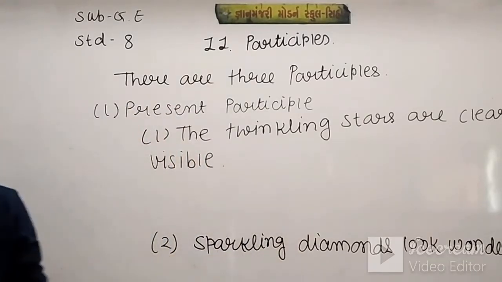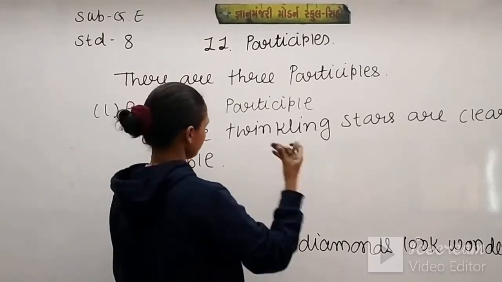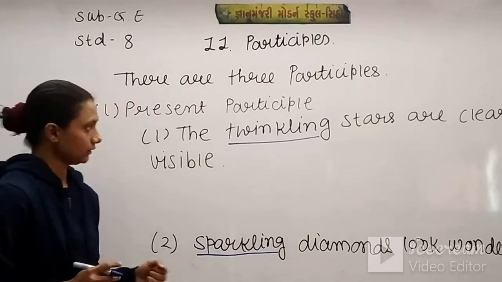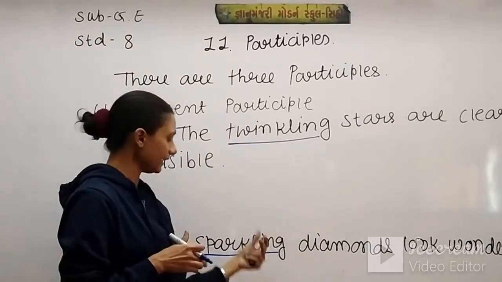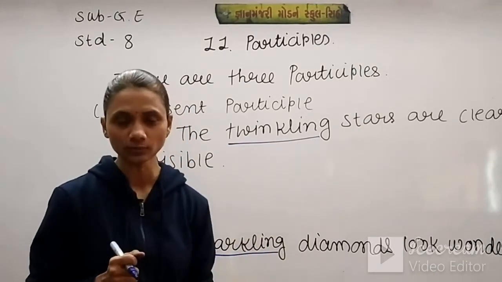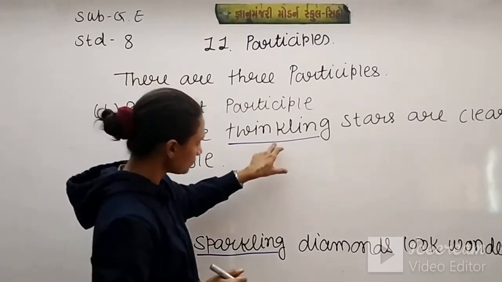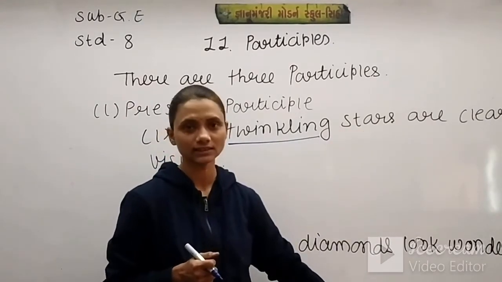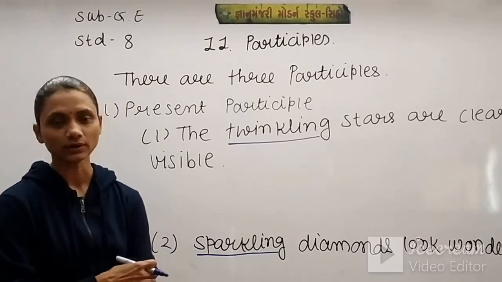Okay, so here you can see, student, we have twinkling and sparkling. In these two sentences, twinkling and sparkling are words used as a verb as well as an adjective, because both modify stars and diamonds. So we can say that twinkling and sparkling both are present participles.